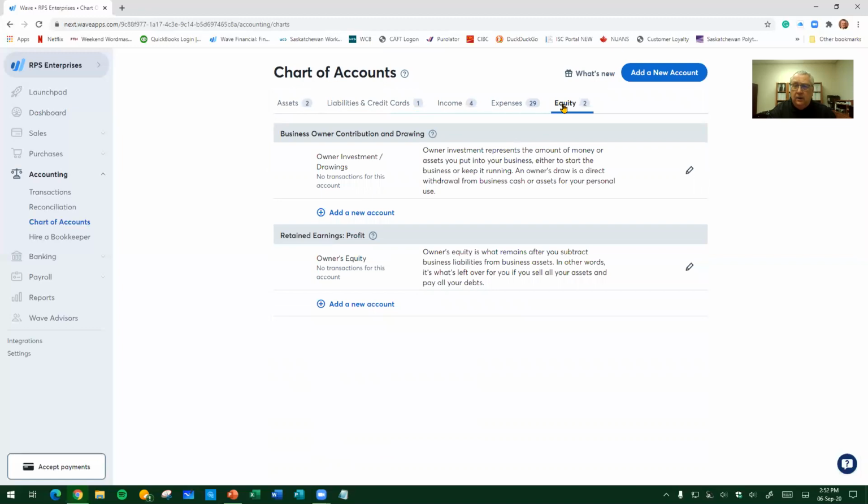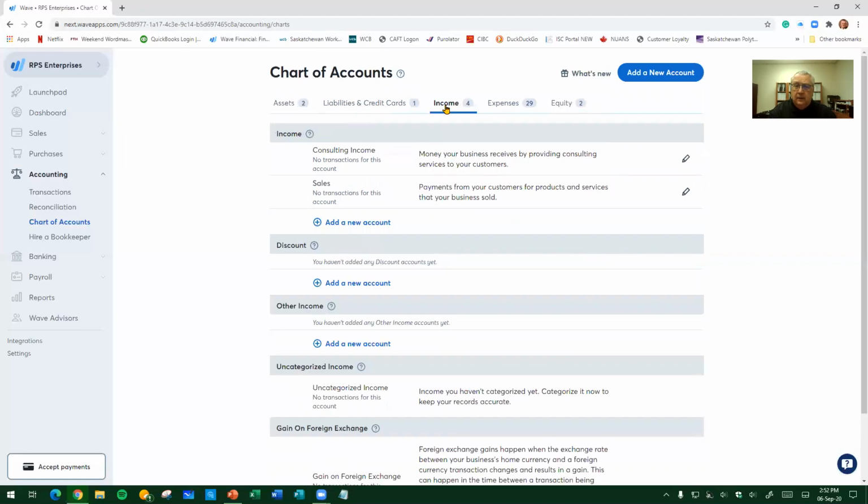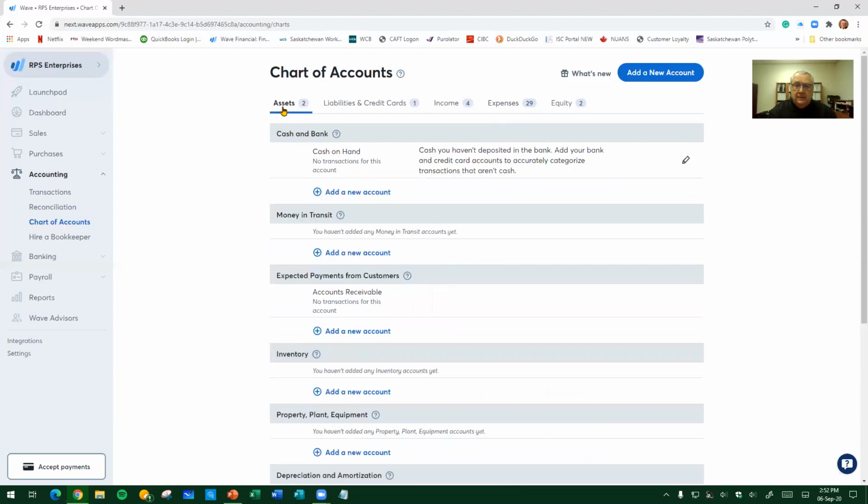There's E for equity. And there's our revenue accounts and our expense accounts. Remember our mantra, expenses are always debits. Expenses are always debits. That's our mantra. And so I'm going to go back to assets.